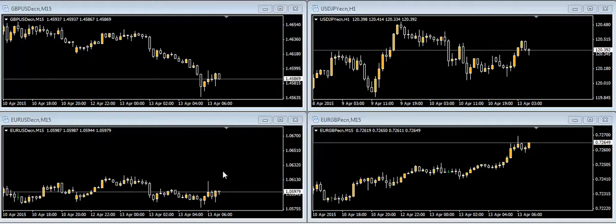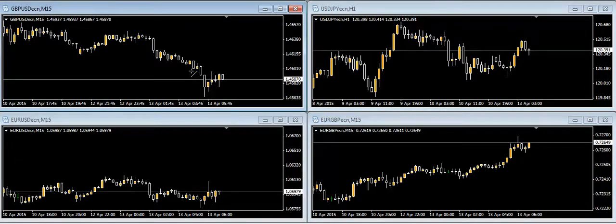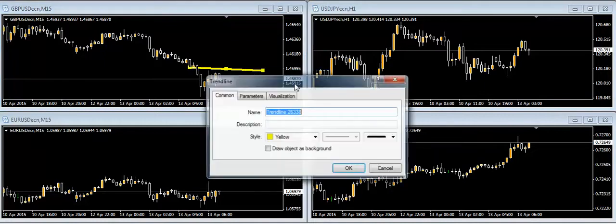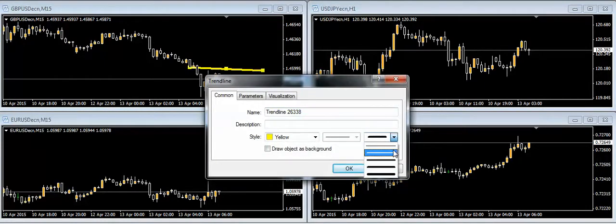in these pairs. Now, looking at the GBP, there's pretty much not a strong channel going on here. We do have some level of consolidation at this level. Let's change the trend line a little bit thinner.